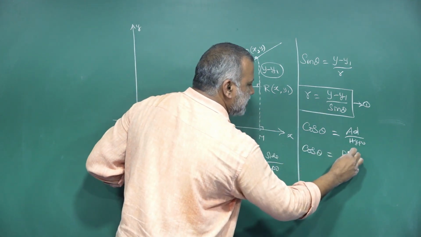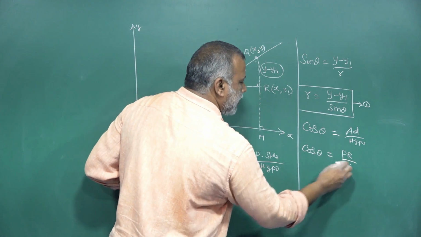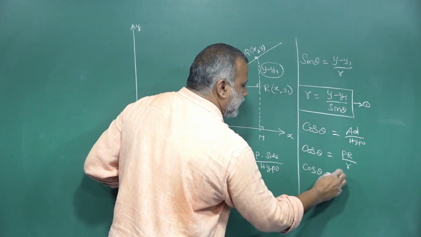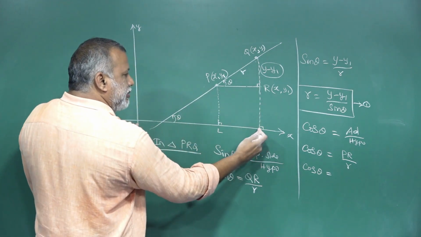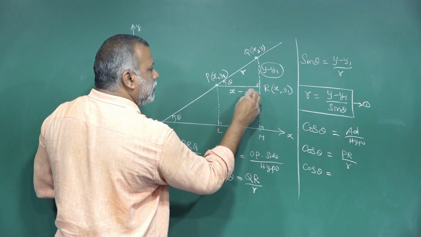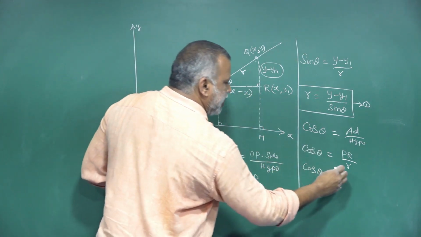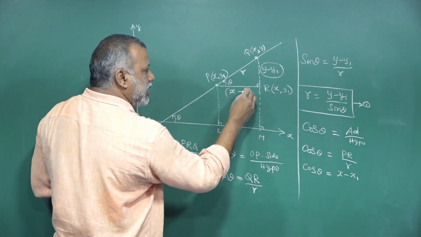PR is the adjacent. Then hypotenuse is the known value r. Here for PR, we need this distance. The maximum is x minus this distance x1. So PR is x minus x1. How are we deriving this value PR?